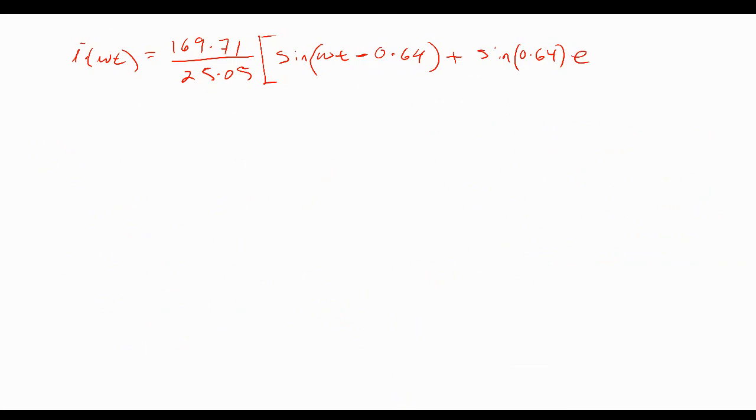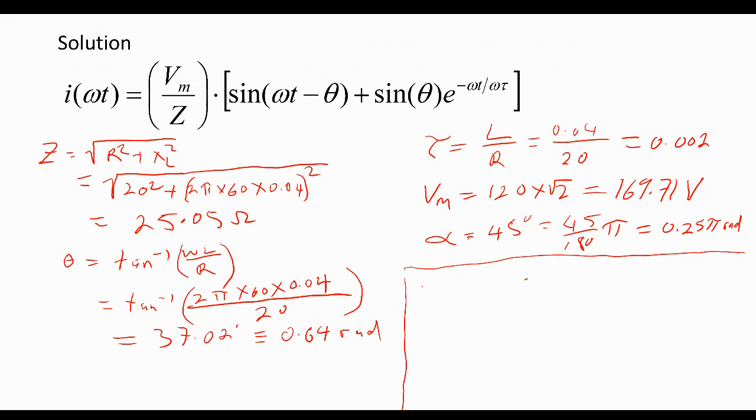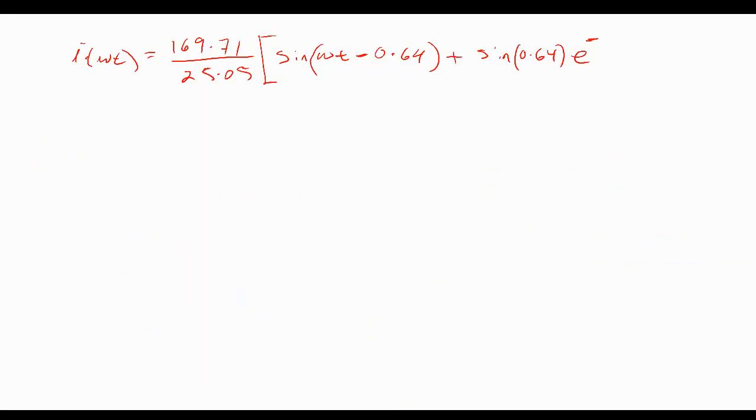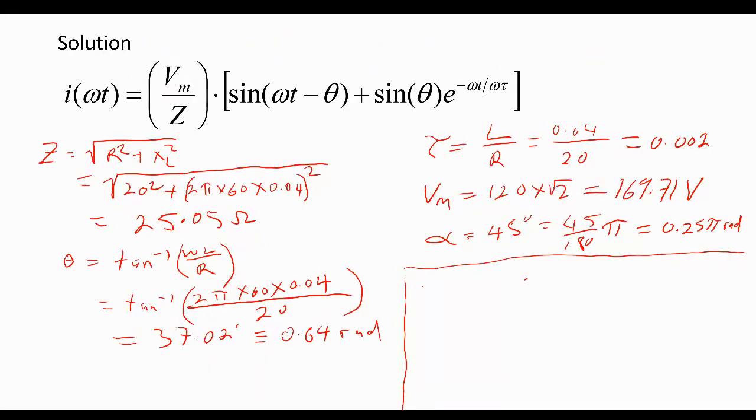But here is e to the minus omega t over omega tau. And of course, your tau is equal to 0.002.